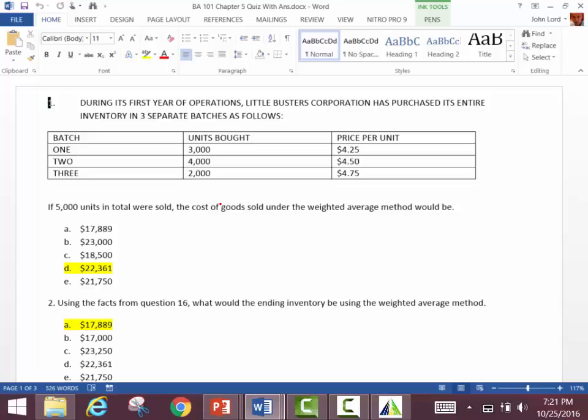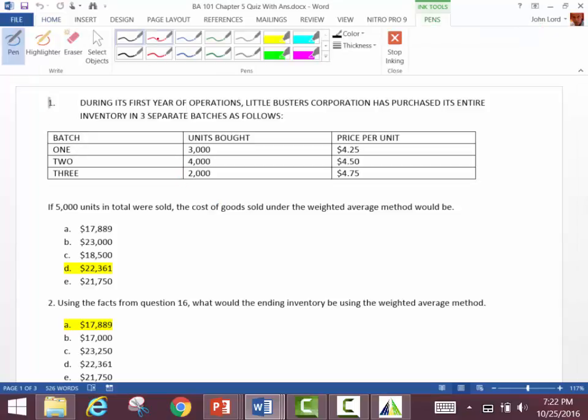So we have our first year of operations, and we purchase our entire inventory in what? 3 batches, 3, 4, and 2. What's the total? They bought 9,000.